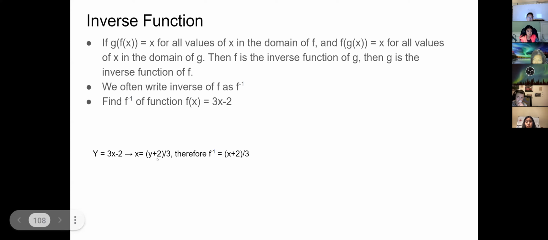Okay, so this is how you solve for the inverse function. Does this make sense? I think this is better than the definition here. The definition is a very accurate description, but it won't help you solve it. So if somebody wants you to find the inverse function of 3x minus 2, this is how you find it. Okay.